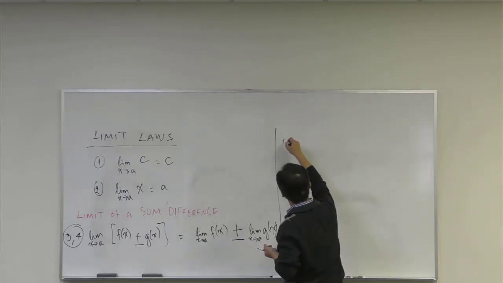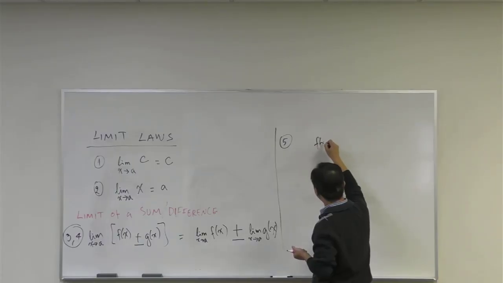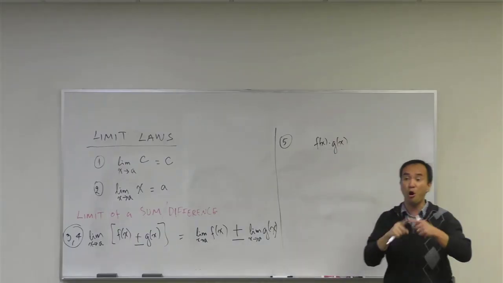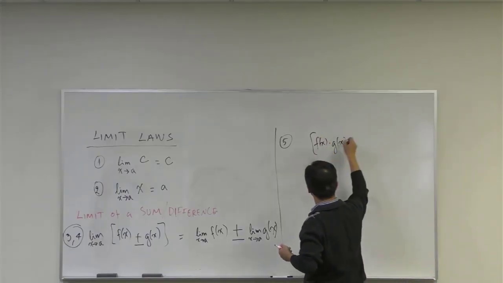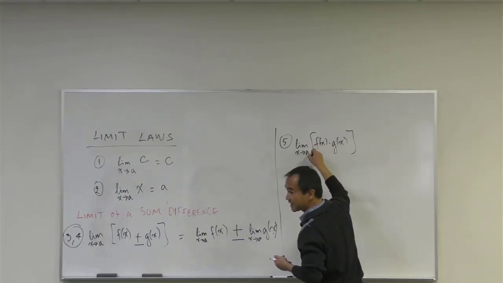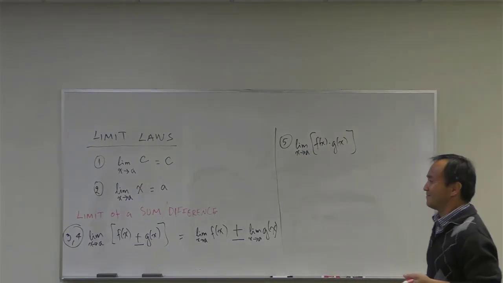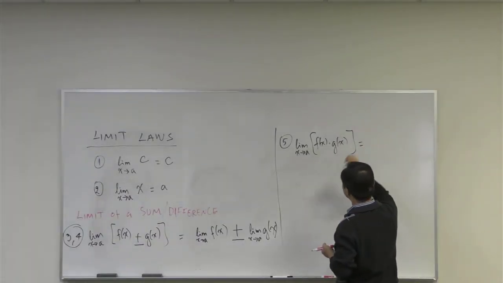Aside from those, now number 5 here on the list of laws. Multiplying any two functions f and g, you come up with another function. This big function is a product of the two functions f and g. Anytime you have a function, you will eventually be asked to find limits as x gets close to some value. This law allows you to do the following.